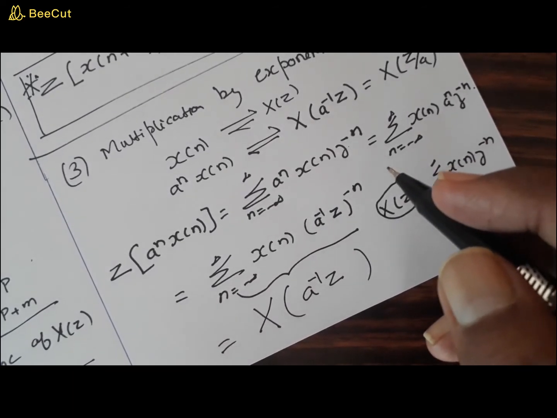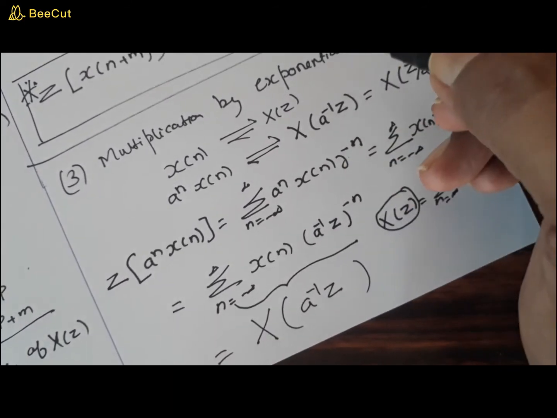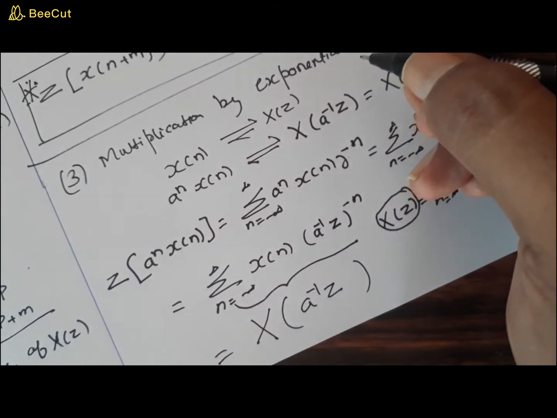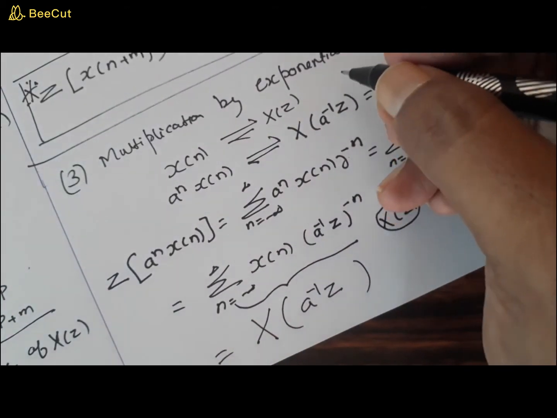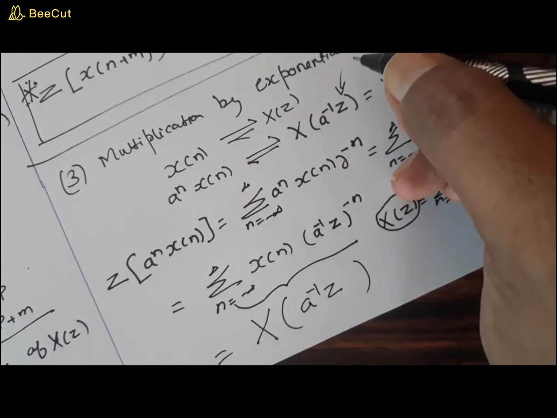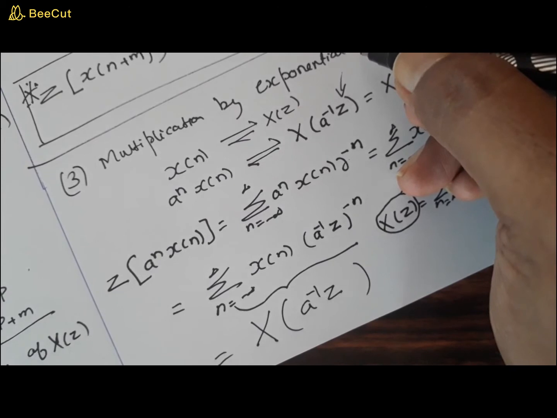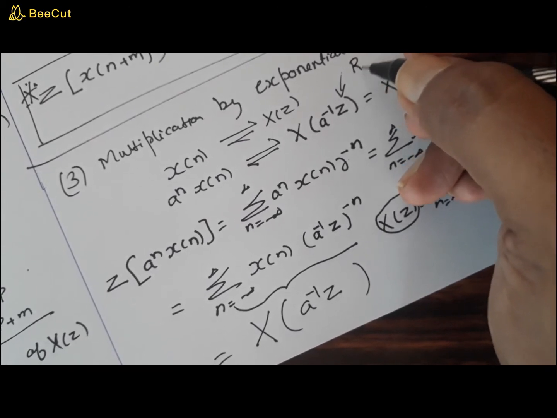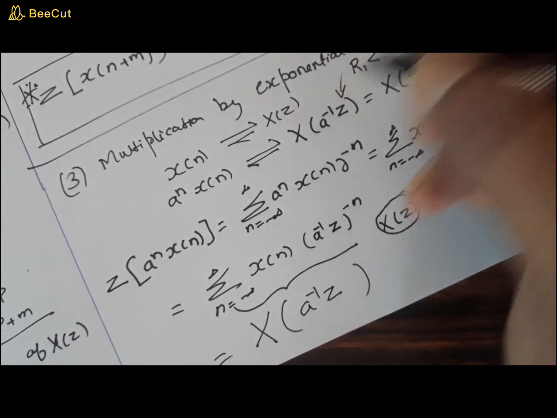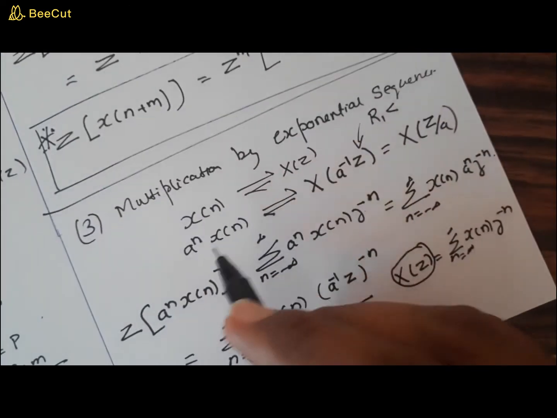Now we haven't talked anything about the ROC. Suppose the ROC lies between R1 and R2, mod z less than R2. We are not sure whether this signal is causal or non-causal.